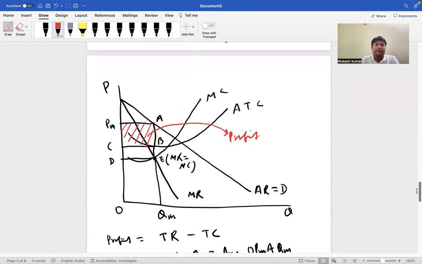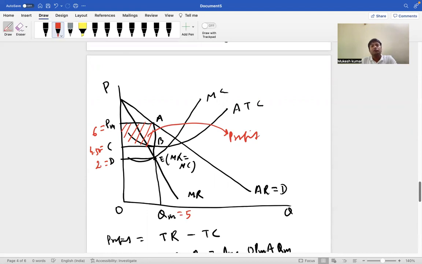Now, suppose that the price charged here by the monopoly is 6, output produced is 5, average total cost here is, let's say, 4.50 per unit, and marginal cost is 2.